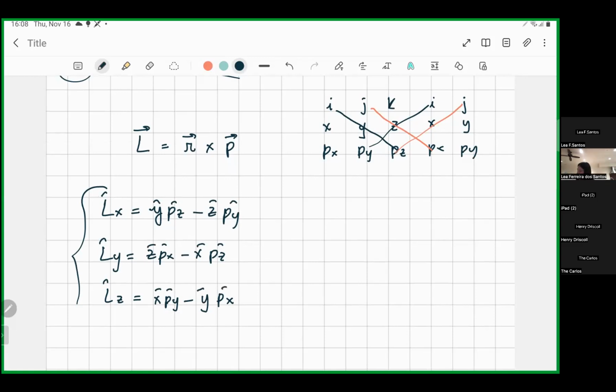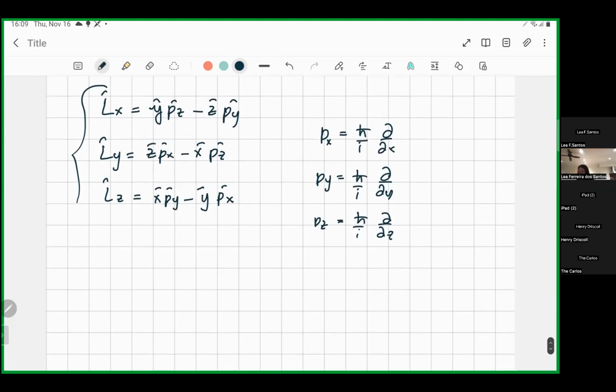The momentum operator you know very well, but now we have momentum in the x, in the y, in the z direction. So here we'll have the derivative in x, for y the derivative in y, and in z the derivative in z. That is what is new. We just have three directions, x, y, and z.